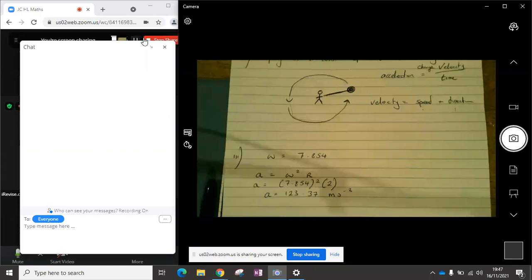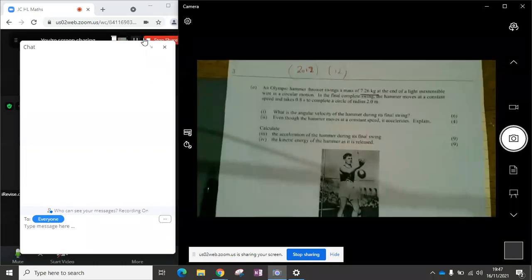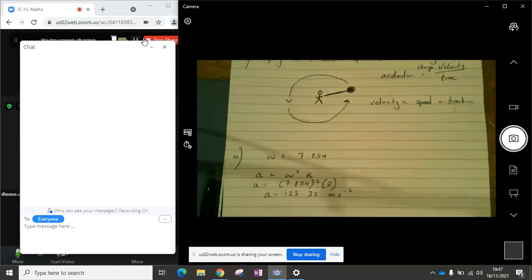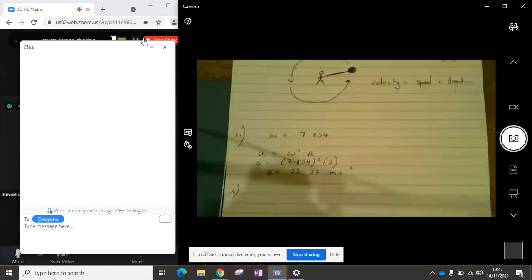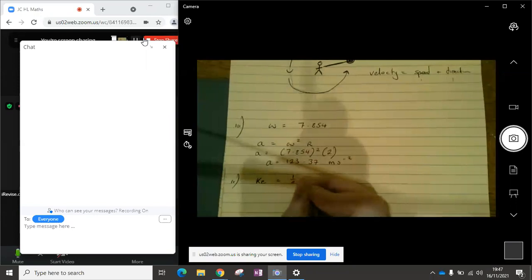So the next question is: calculate the kinetic energy of the hammer as it is released. Okay, so kinetic energy, KE, is equal to half mv squared.